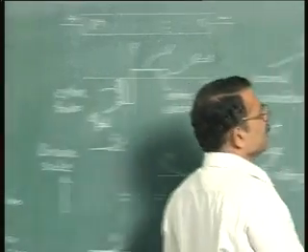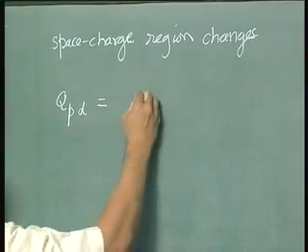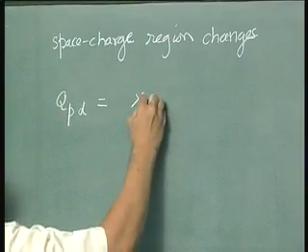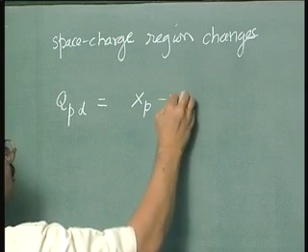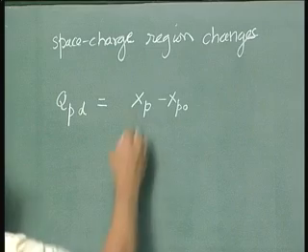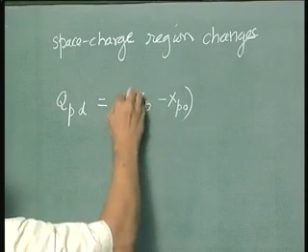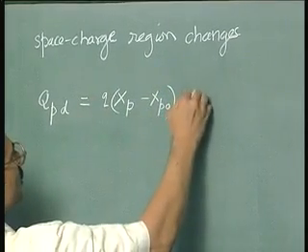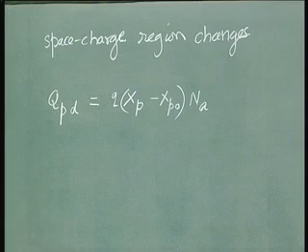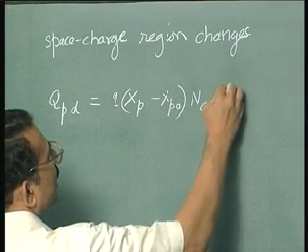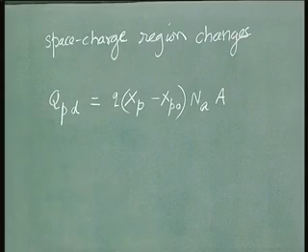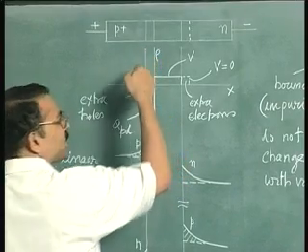So Qpd, that is this particular shaded area, we can write as the change in the depletion region width on the P side, that is Xp minus Xp0, into q into the acceptor impurity concentration Na into the area of the junction. This area of the junction is the cross sectional area in the direction perpendicular to the board.